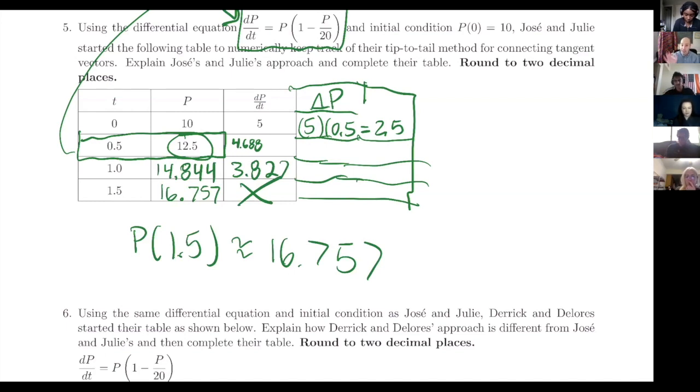You would take that 4.688 and divide it by 2 because the change in time is 1/2. So we're actually going to add half of 4.688 to the 12.5. That's what would go over here: we have the 4.688, and we multiply that by 1/2, and that gives us our change, which should be about 2.344. And that's what we add to the 12.5.